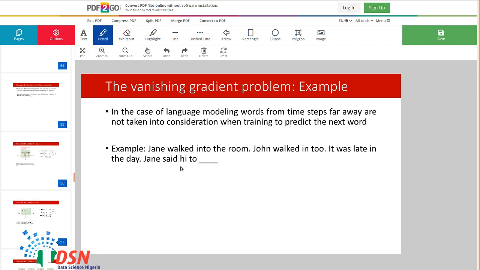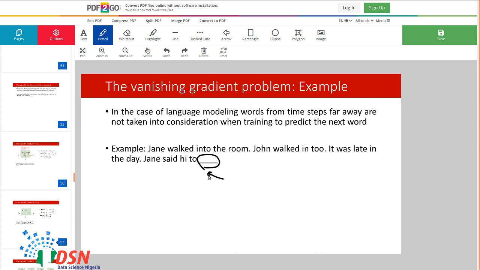The vanishing gradient problem could cause the RNN to not be able to capture long-term dependencies. For example, let's say we have this sentence: Jane walked into the room, John walked in too, it was late in the day, Jane said hi too.